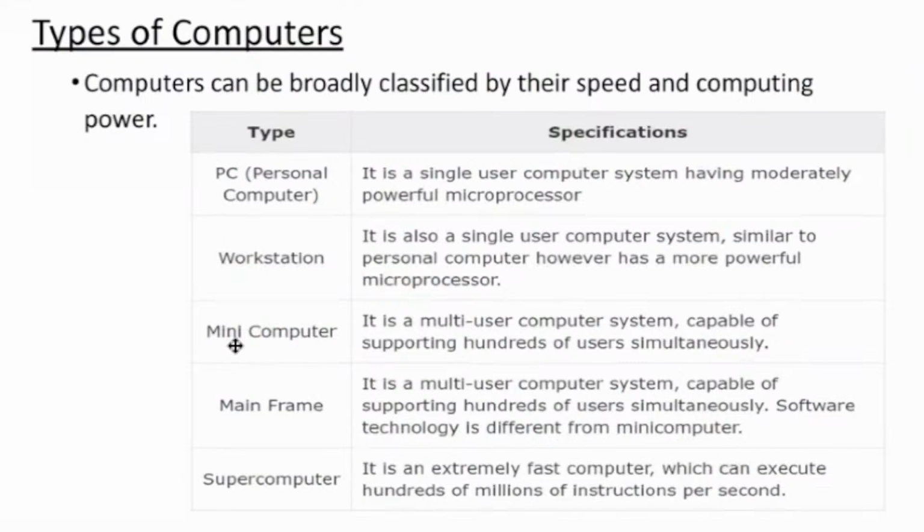Then mainframe. A mainframe is also like a mini computer, but its processor is more powerful than the mini computer. These mainframe computers are more expensive than the mini computers because we have to use more powerful processors in them.